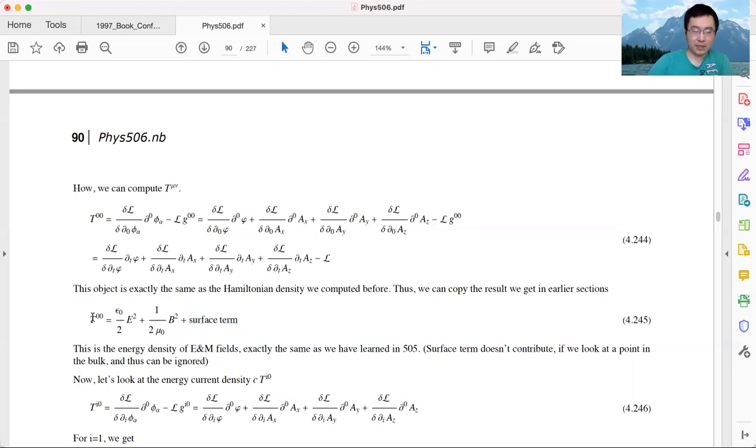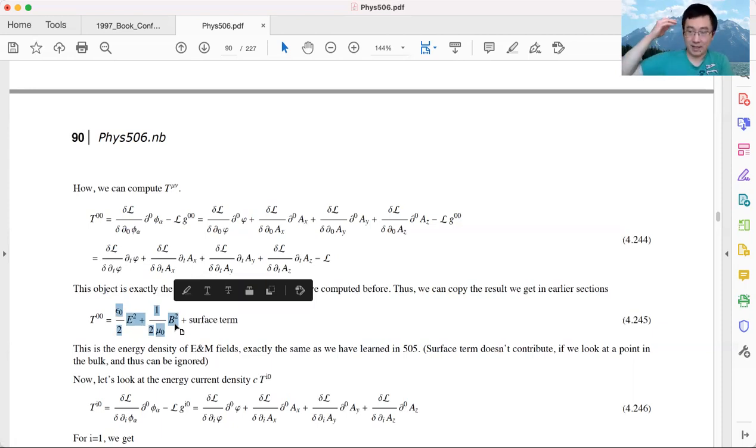As a result, the energy density is E squared plus B squared with some coefficients, epsilon 0 and mu 0. This energy density is exactly what we learned in 505, from different reasons. Here we recovered the same formula purely from symmetry.